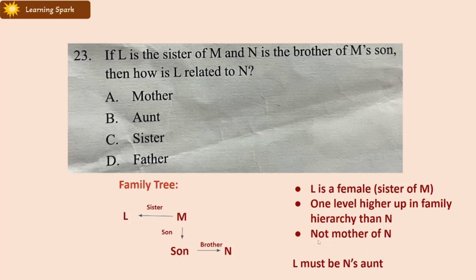Mother, we have no information to say that L is N's mother. There's nothing in this sum that tells that L is N's mother. So the only possible option is L can be N's aunt. Okay. So the correct answer in this case will be aunt.